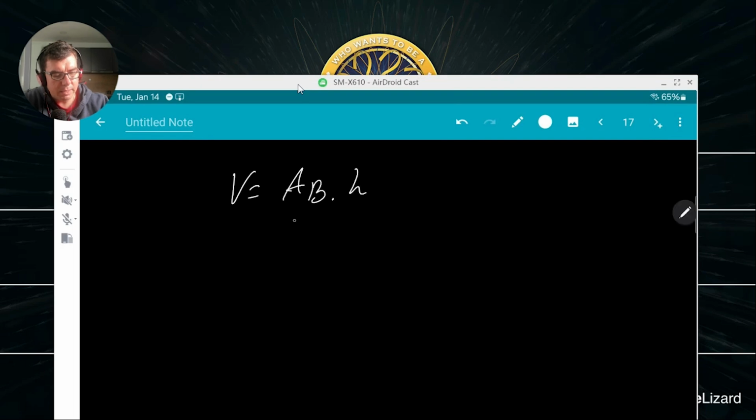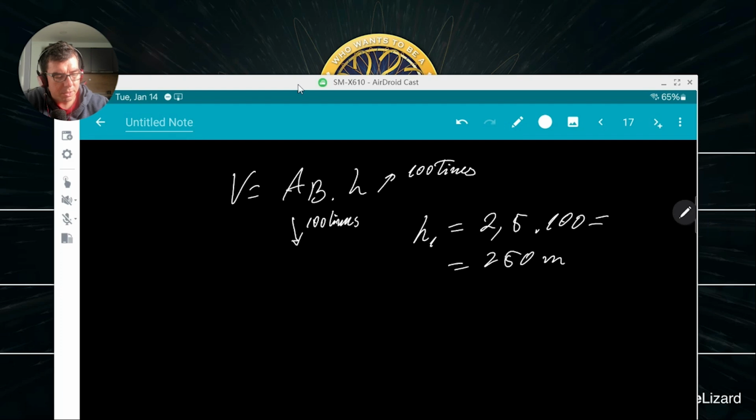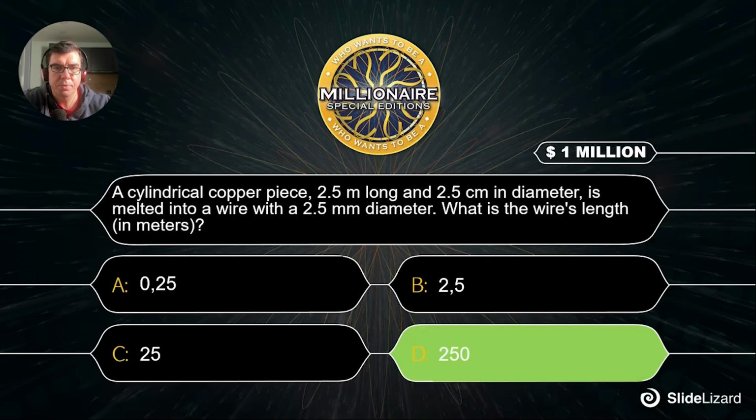So the area of the base is reduced 100 times, and therefore the length or the height increases 100 times, and therefore h1 equals 2.5 times 100, which is 250 meters, and that's the answer.